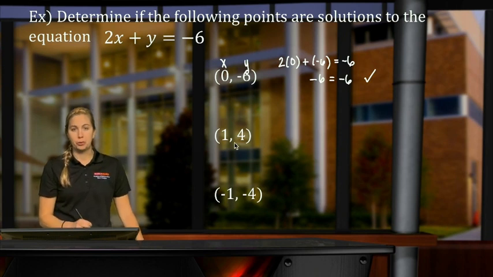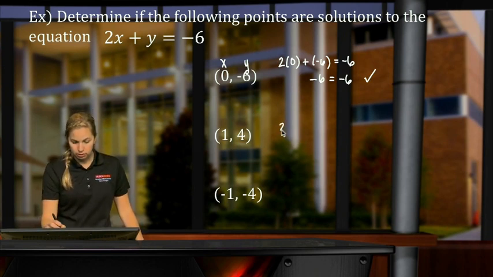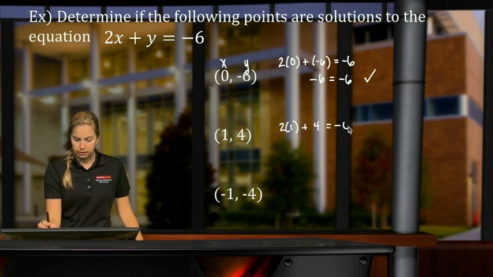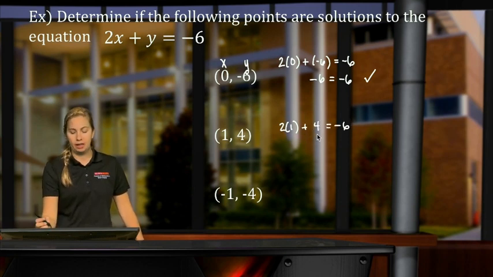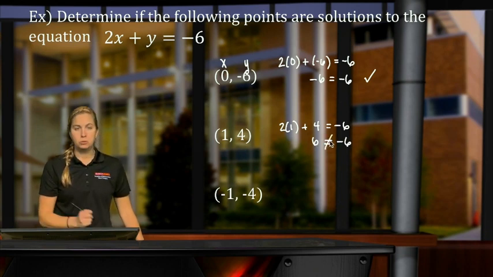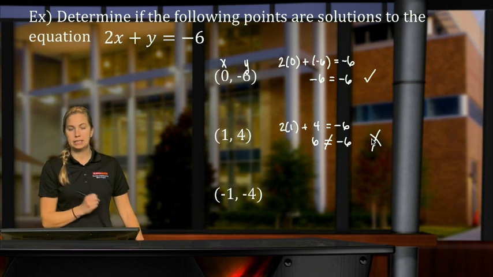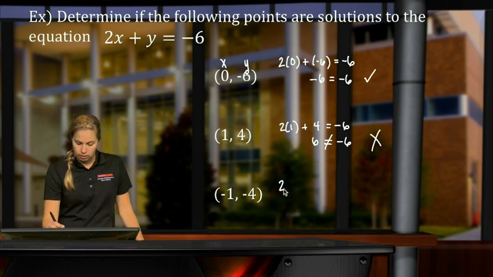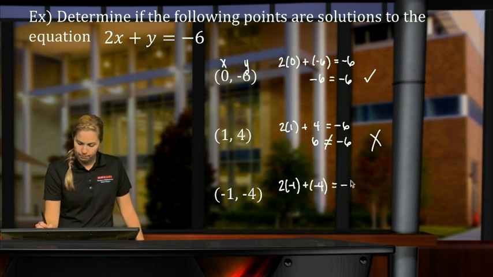We'll do the same thing for the ordered pair 1, 4. 2 times 1 plus 4 equals -6. When I simplify the left-hand side, I get +6, which is not equal to -6, so this is not a solution to the equation given. -4, -1, substituting -1 in for x, and -4 for y.